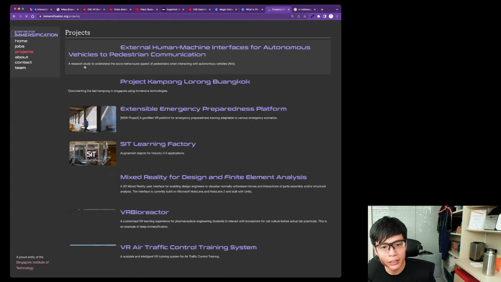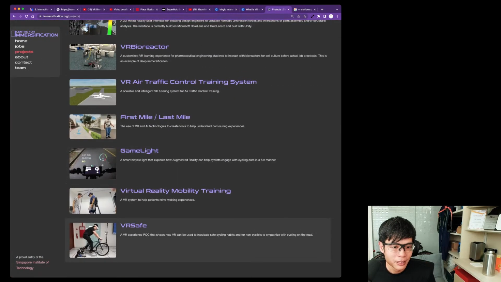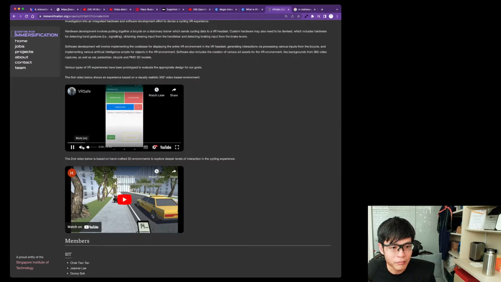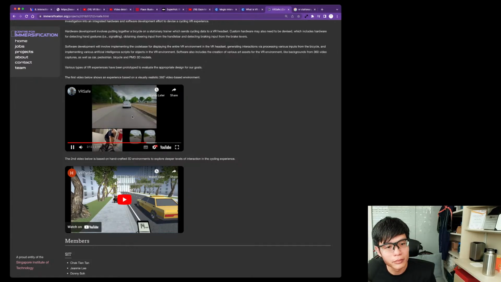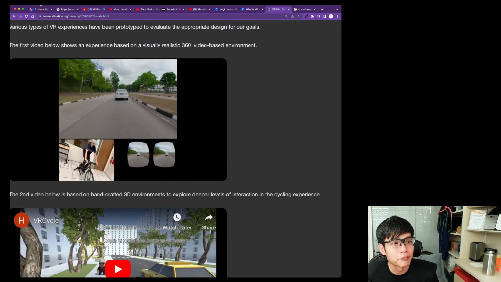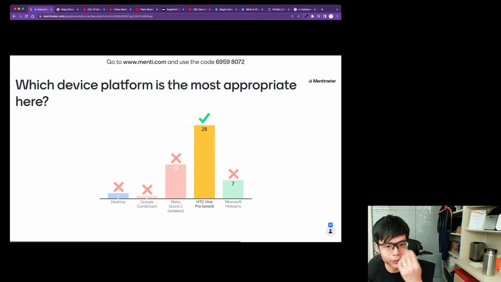You can look at your own phone now if you're reading the question. This is a stationary trainer. This is a real bike on a stationary trainer, also one of our previous projects.